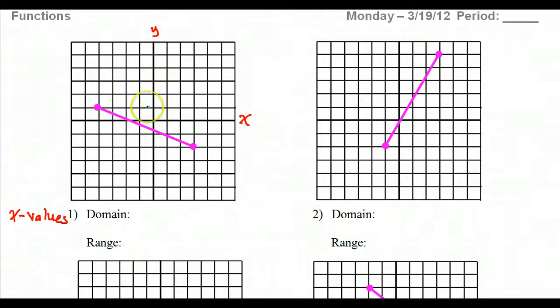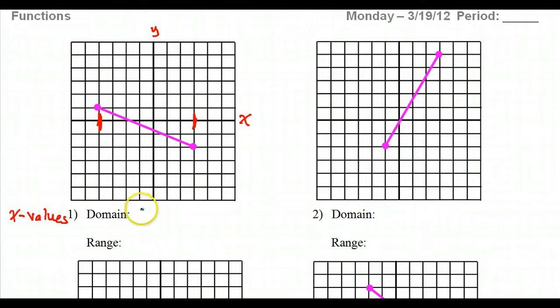So when we look at this function, you should ask yourself, if I want the domain, how far does it go from left to right? Because that's what the x values do. They go from left to right. So hopefully you can see that this function, to the left, it goes this far. And to the right, it goes this far. So the domain will be this list of x values.